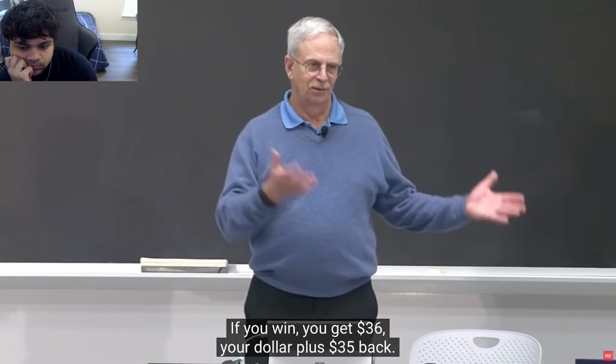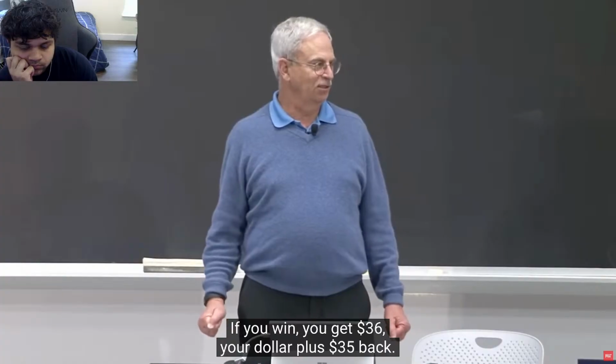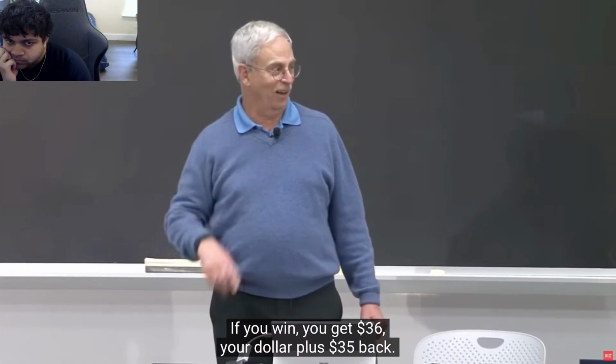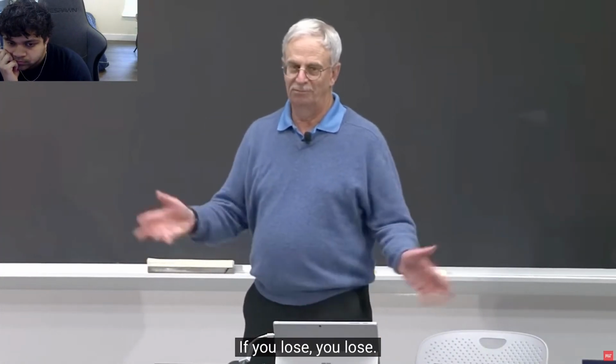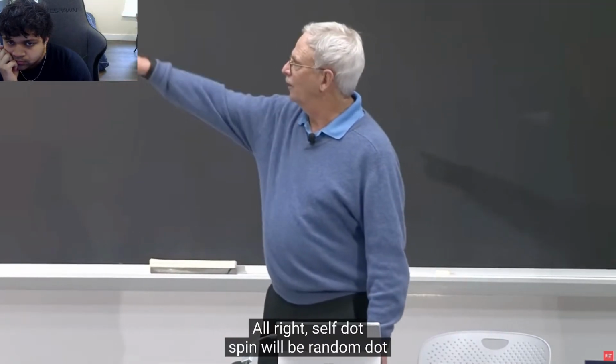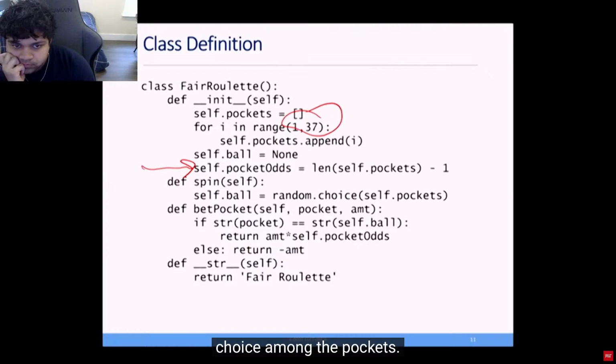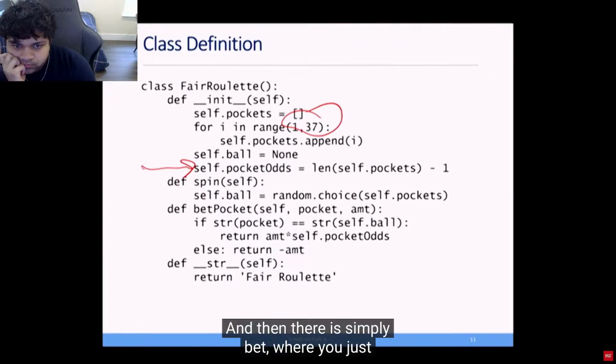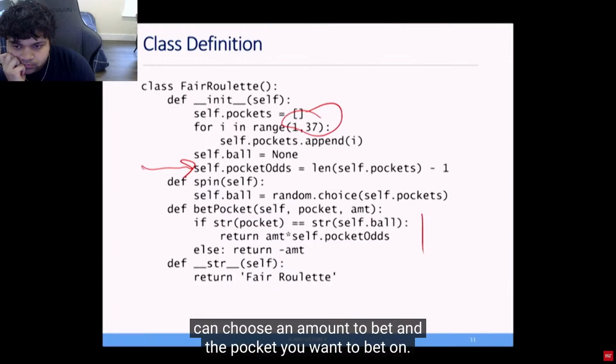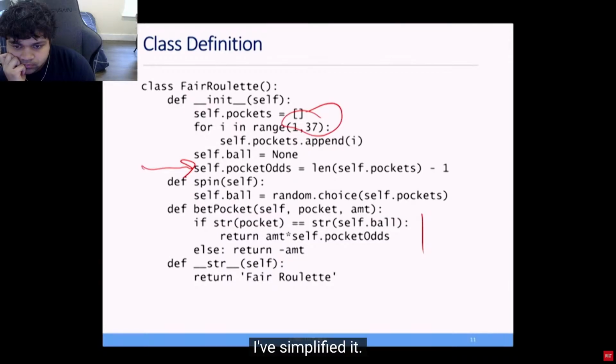If you win, you get $36, your dollar plus 35 back. If you lose, you lose. All right, self.spin will be random.choice among the pockets. And then there's simply bet, where you just can choose an amount to bet and the pocket you want to bet on. I've simplified it. I'm not allowing you to bet here on colors.